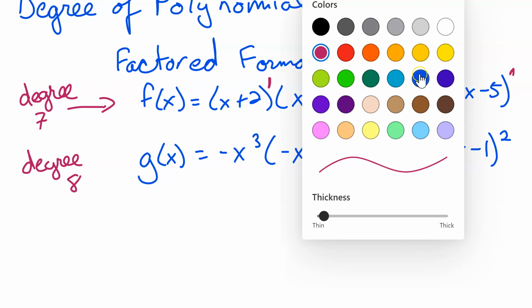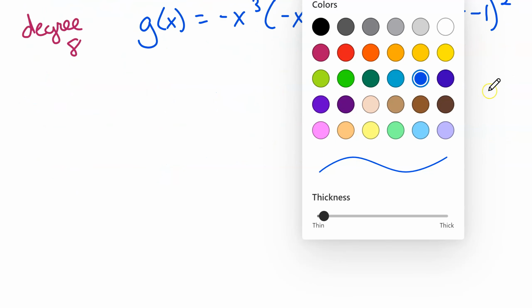Now, if we are in standard format, to get our degree, and where I'm talking about standard format, that is where everything is already multiplied out.